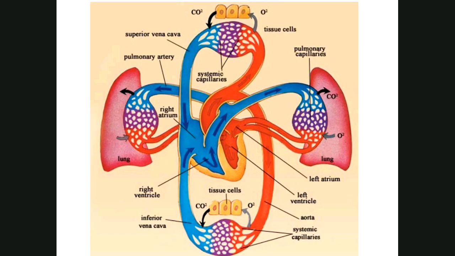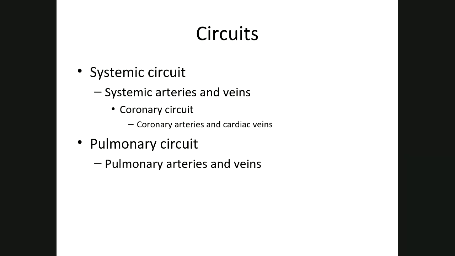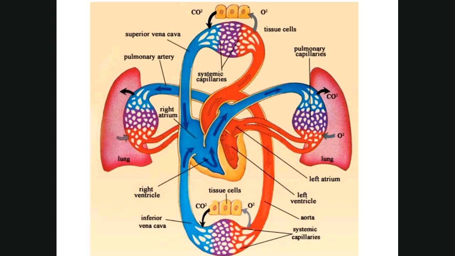You should also remember, though, that blood vessels are arranged in circuits. So a circuit, the reason it's called that is because it's a circle. And so there's actually two circles, two of these. And so if you look at this picture, you can see two circles. So the heart sits right here in the middle, and then there's two circles.